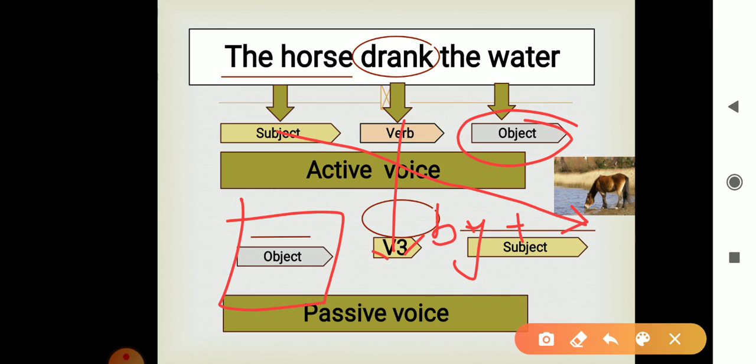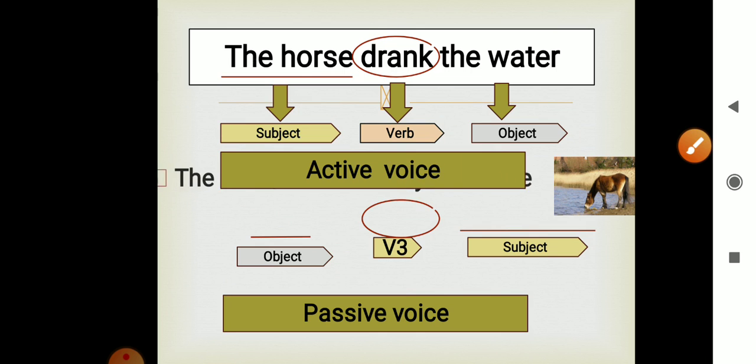I am going to place the subject in the object's place. Once we make this change, we can change the active voice into the passive voice.